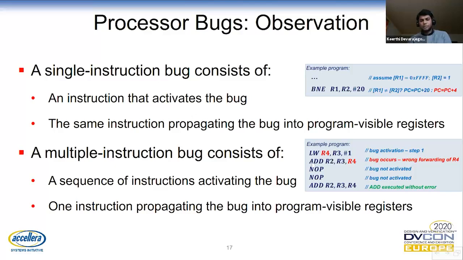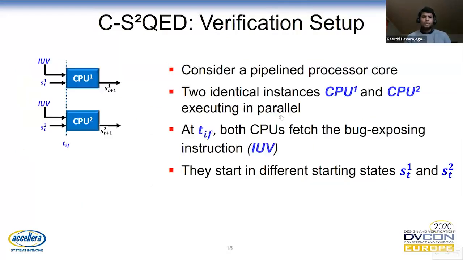In this example, the add instruction is the one that propagates the bug into a program visible register. So this is the summary. If you find any bug in a processor core, it can be categorized as either a single instruction bug or a multiple instruction bug. So now let's see how we set up the verification setup to find both types of bugs.